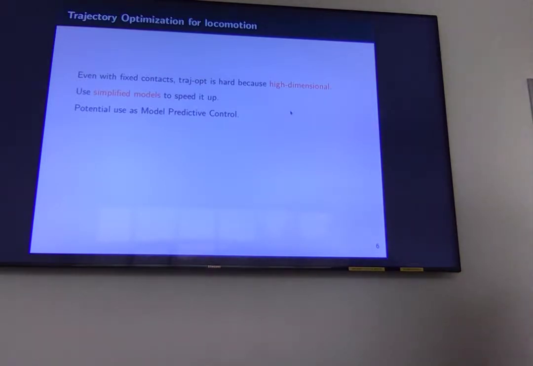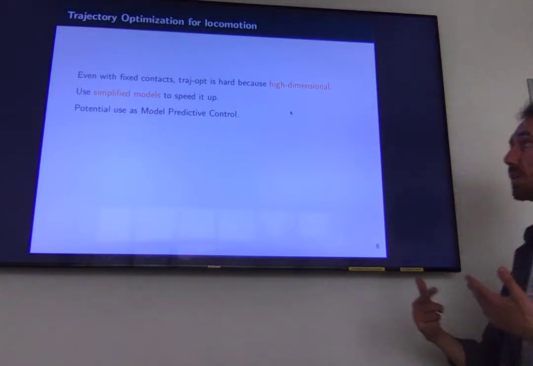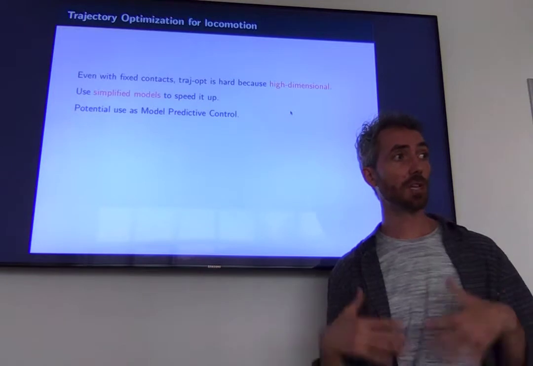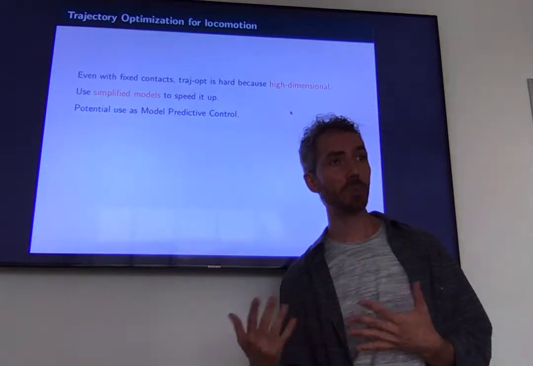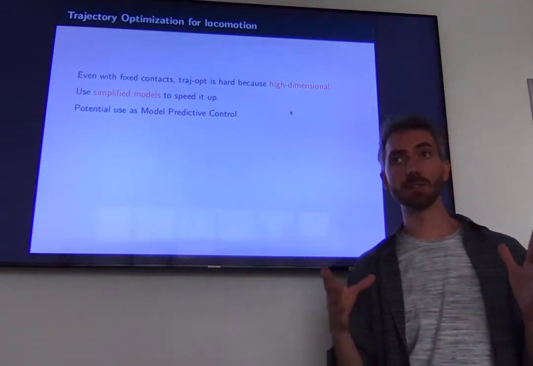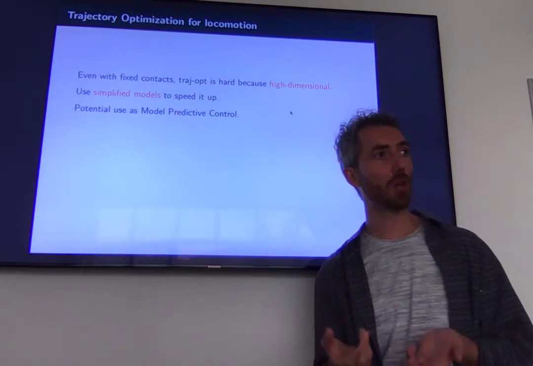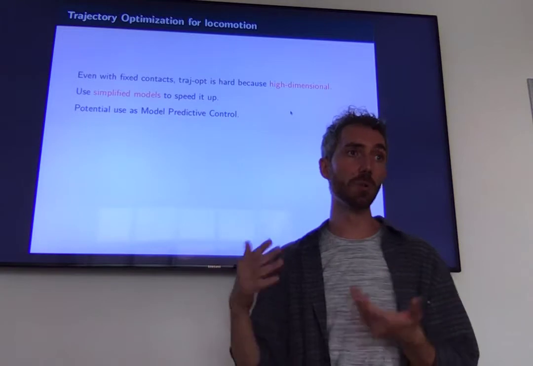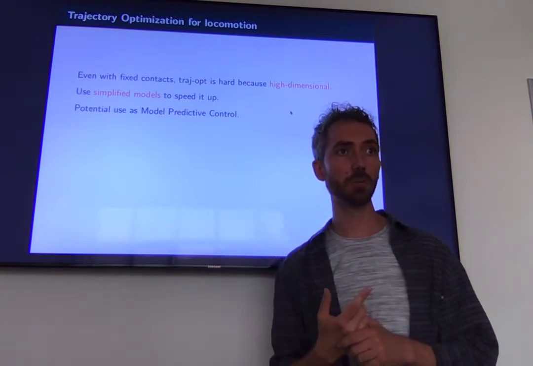If I keep trying to track the nominal center of mass, I will fall. Okay, so having the optimal control solver inside the loop is of course a good thing, but I can only hope to do that if I have a sufficiently simple optimal control problem to solve. And using a simplified model, well, it's going to make it sufficiently simple in practice.